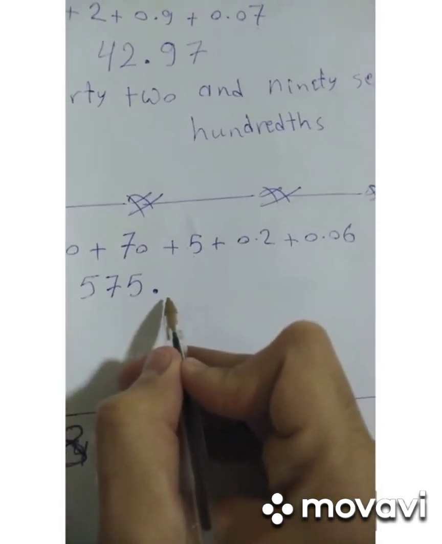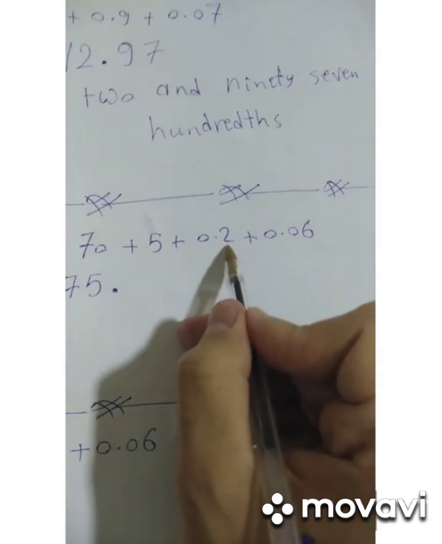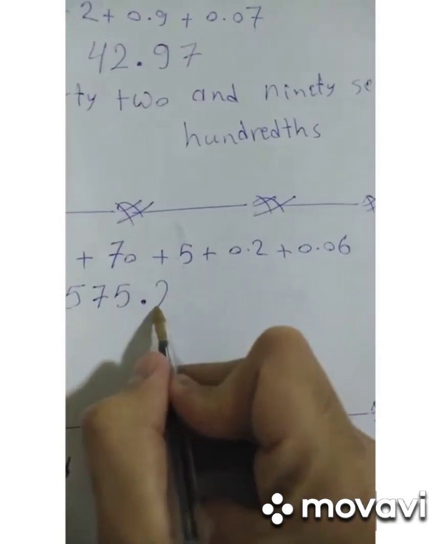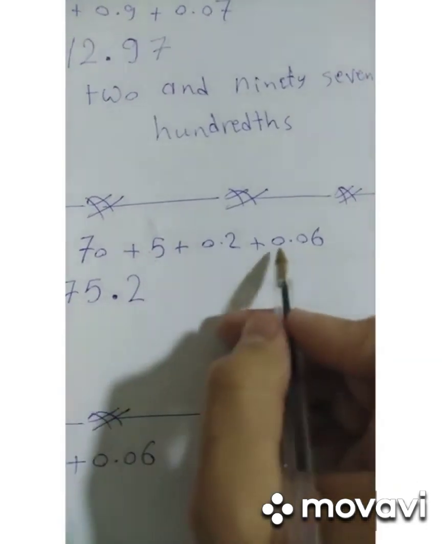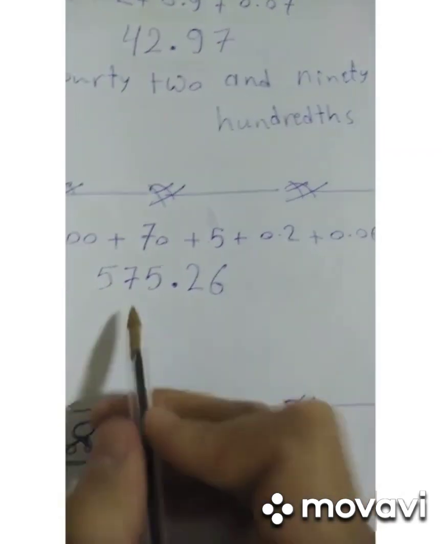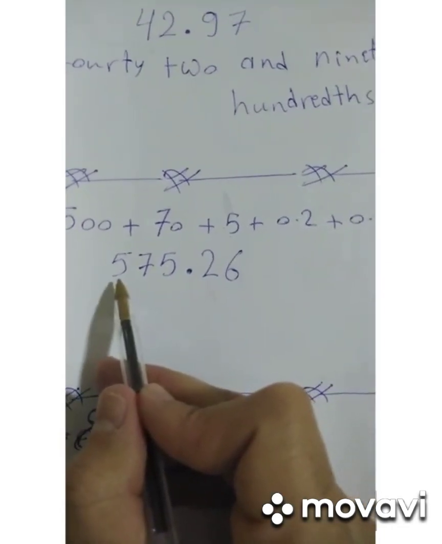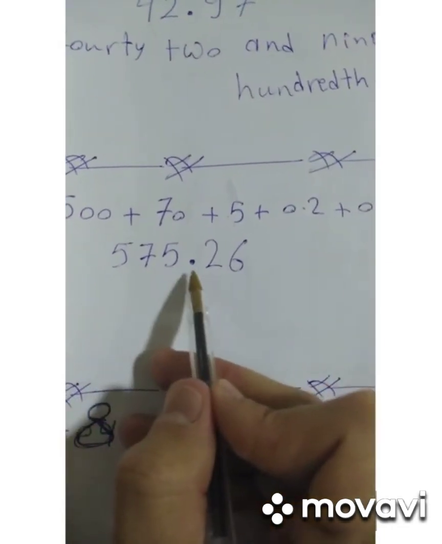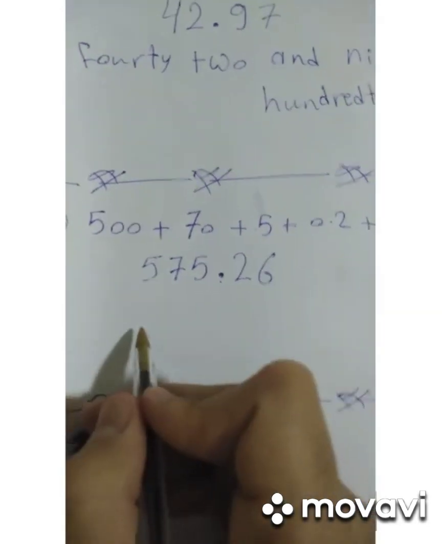Okay, now let's write decimals of fractions. Okay, where is tenths? Yes, we have 2 tenths, so write 2 in tenths. What's after? Yes, we have hundredths. We have 6 in hundredths, so write 6. So our number now in standard form is what? Yes, is 575 and 26 hundredths. Let's write it.